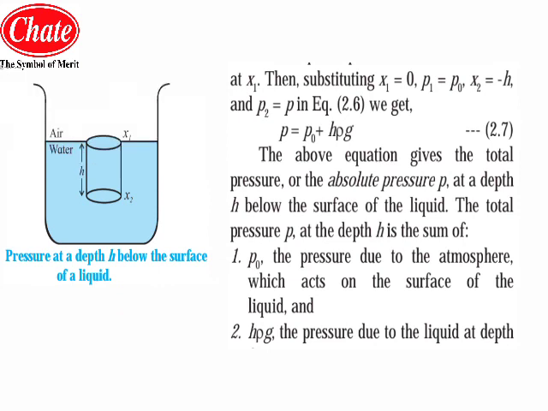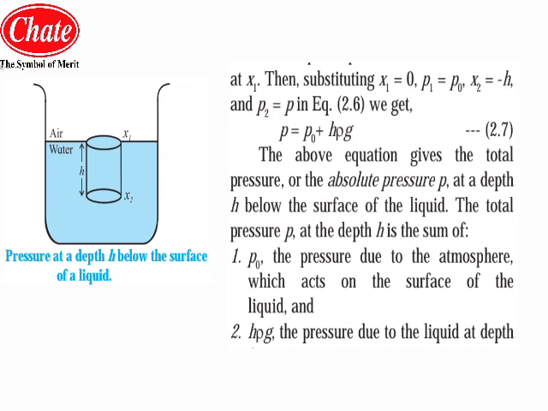And this is the second case that we have seen, where the imaginary cylinder is at some height h below the surface of the water, and x1 and x2 are the points at the top and bottom surface of that imaginary cylinder.